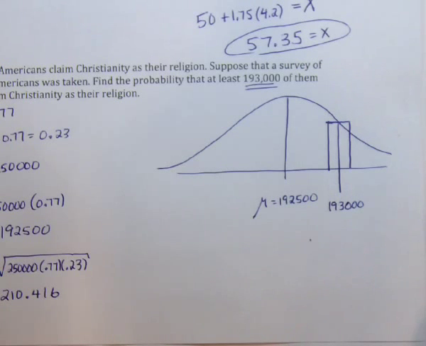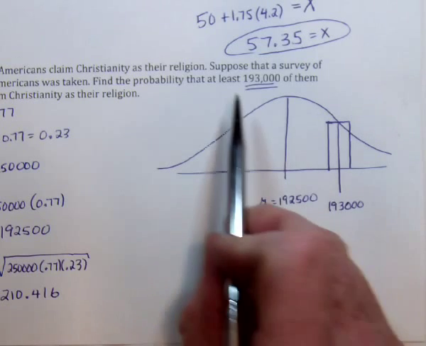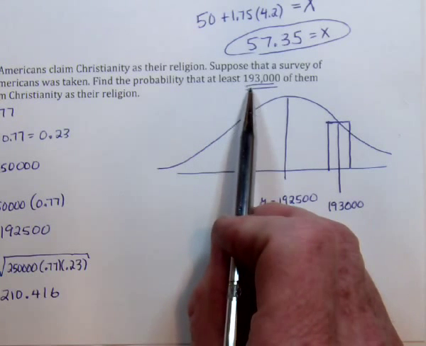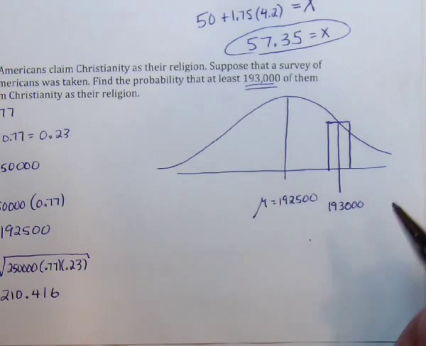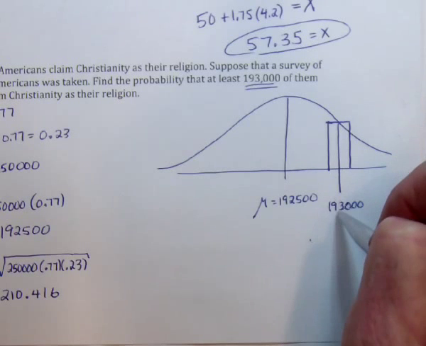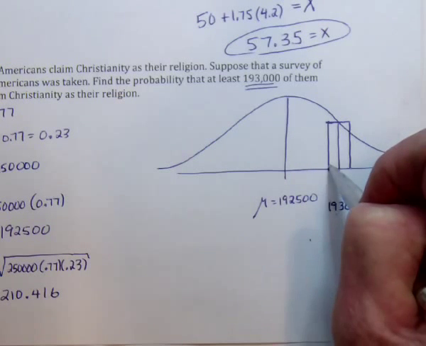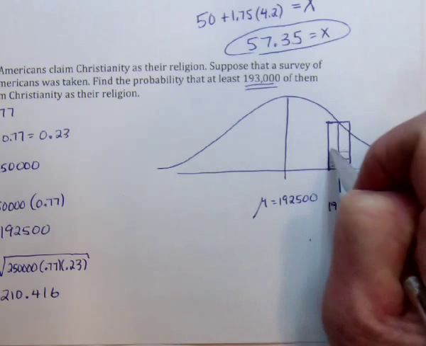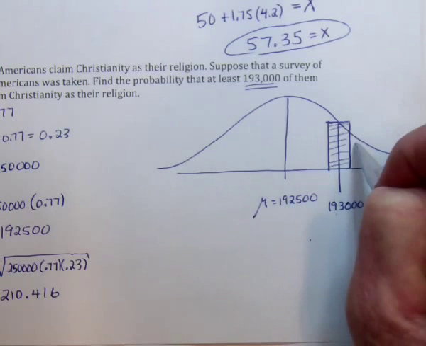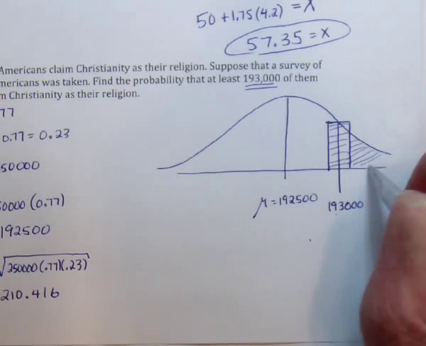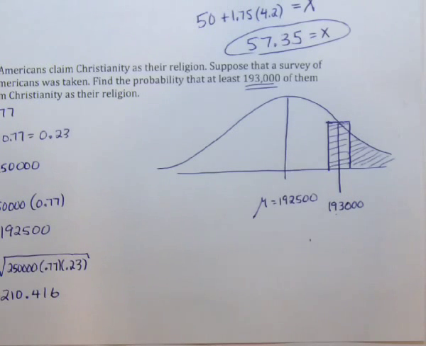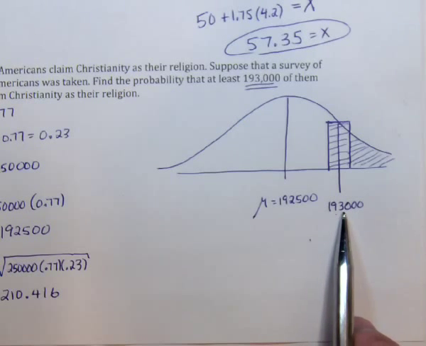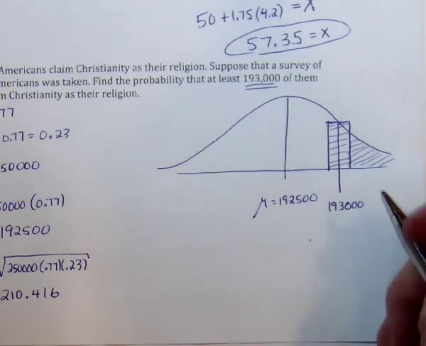And it says at least, so that means it does equal that or it's bigger than. So that means that when we shade, we don't shade from the 193,000 because we have to include this person's bar. So we have to include them as well as all the numbers that are bigger. So that means that the shading didn't start at 193,000, it started just before that.